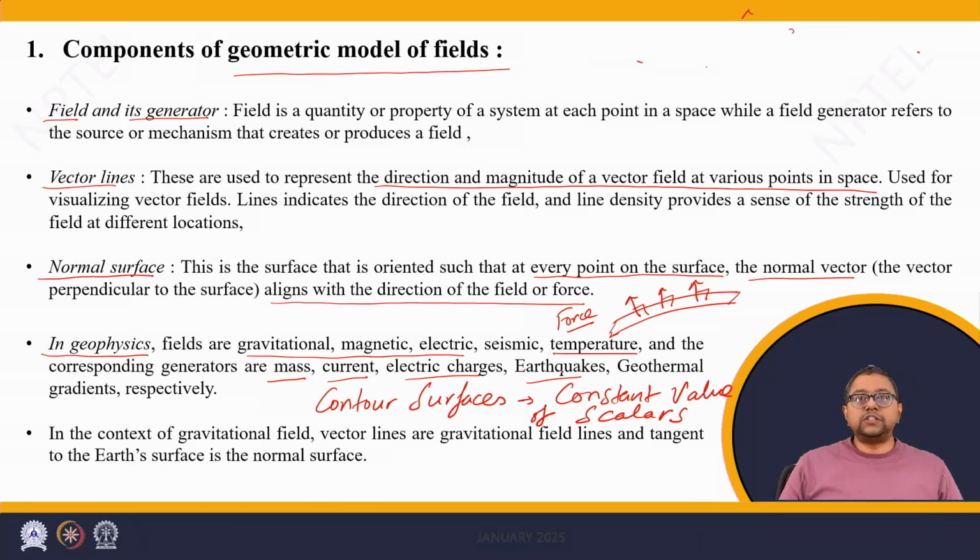The earthquakes or any vibration in the Earth's surface or beneath it is the generator for seismic fields. The seismic field is nothing but the field of displacements inside the Earth generated due to any sources such as the earthquake.